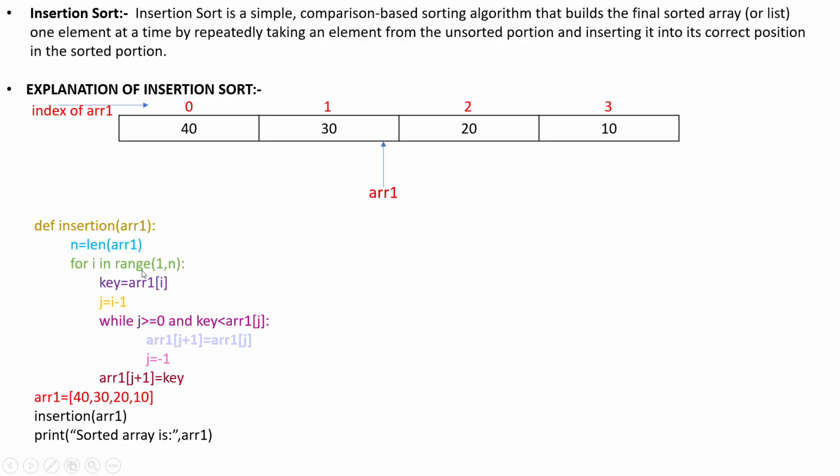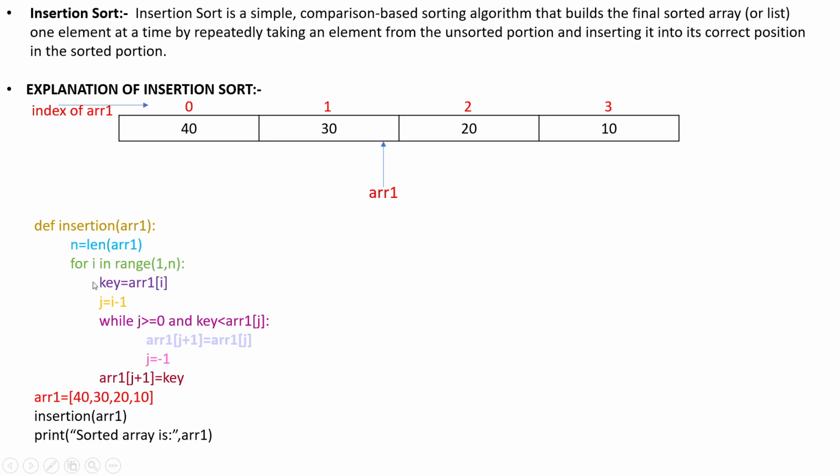In range means n minus 1, that is 4 minus 1, so it becomes 3. So my i will point from the first index to the third index.